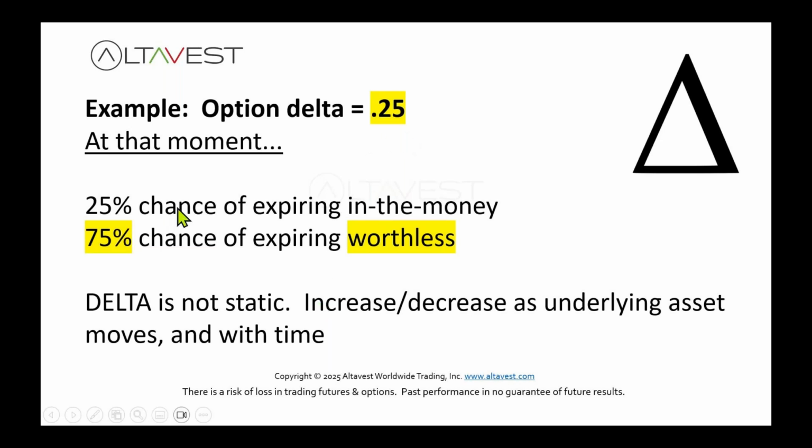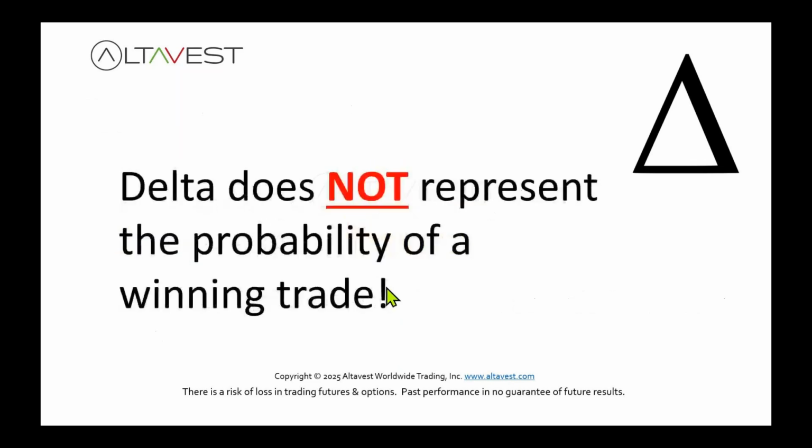That means there's a 25% chance it expires in the money, and then a 75% chance it would expire worthless. So remember, delta is always moving with time decay as well as prices moving up and down. And it is not the probability of a winning trade, so keep that in mind.